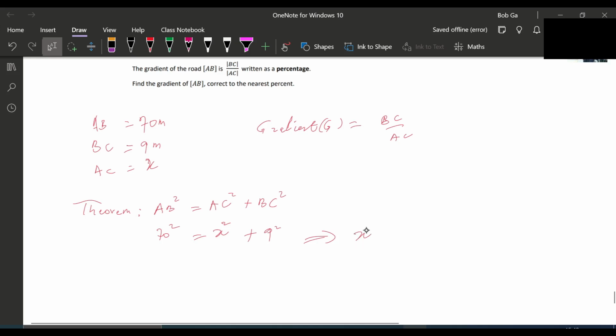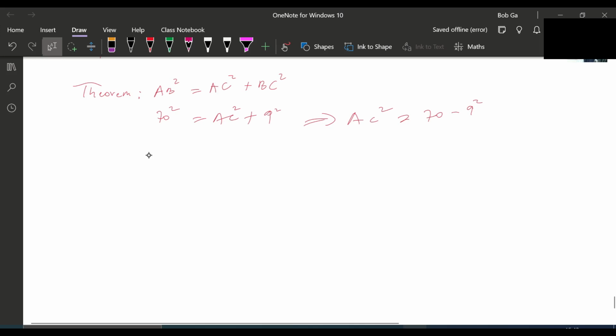Let's just put AC squared instead of x squared. So this gives us AC squared is equal to 70 squared. We substitute our values here. This should be 70 squared, not just 70. So let's get our values now with our calculators.